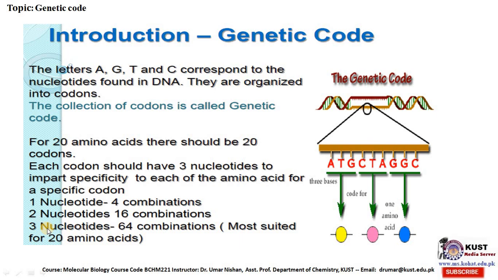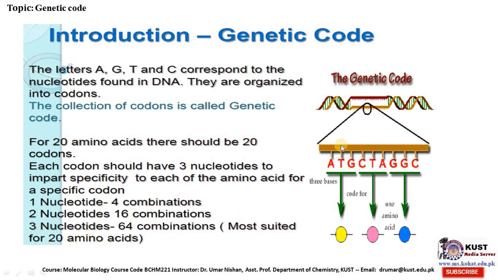In case it consists of 3 nucleotides, there are 64 combinations possible, most suited for 20 amino acids, because neither 4 nor 16 can code for all the 20 amino acids. So we have 64 combinations, and it is most suited for 20 amino acids.